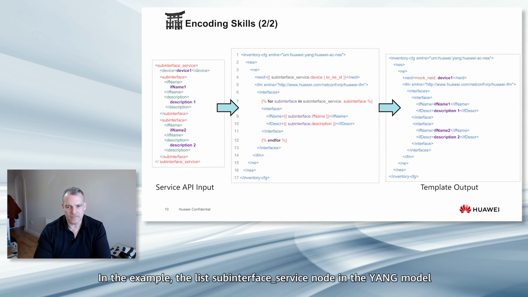In the example, the subinterface service node in the Yang model on the left has two child nodes, leaf device and a list subinterface, where the device is the list key and indicates a specified device. The list subinterface allows the specification of multiple subinterfaces. The subinterface service entry is used as the input of the Jinja2 template.